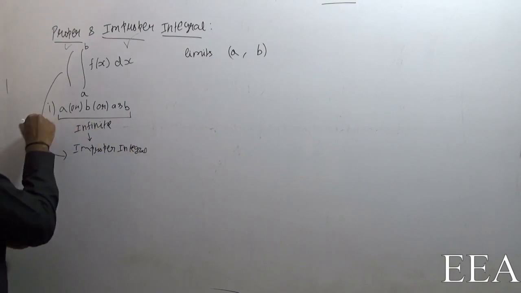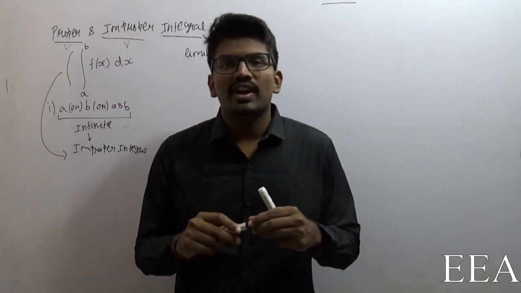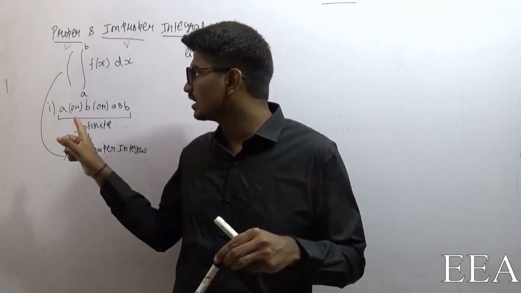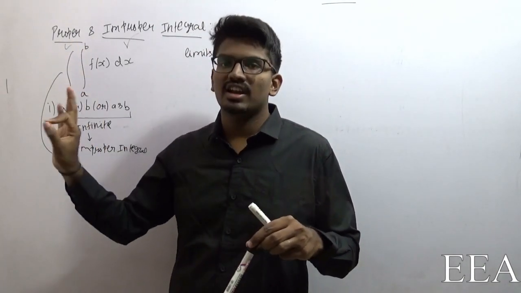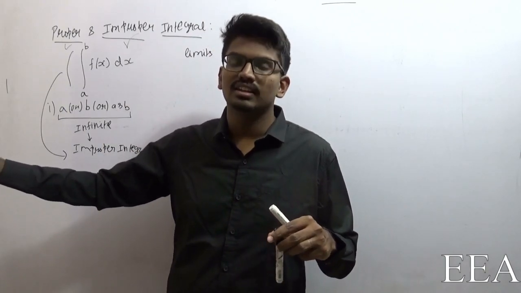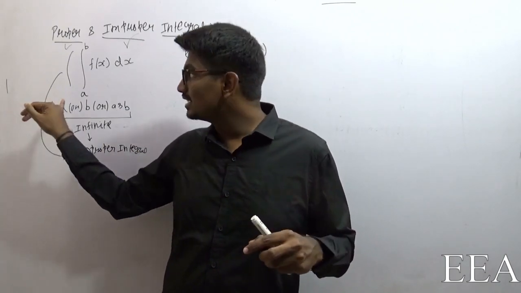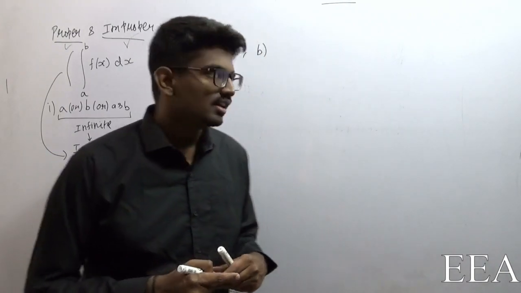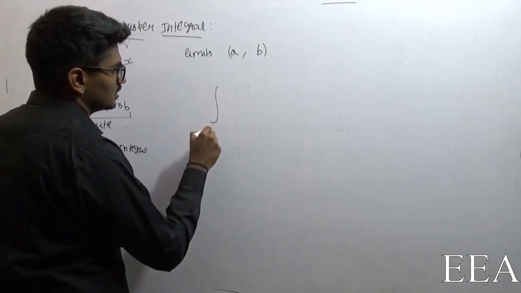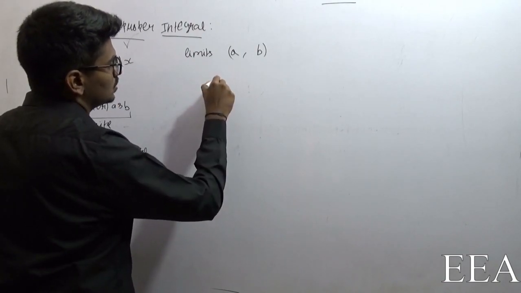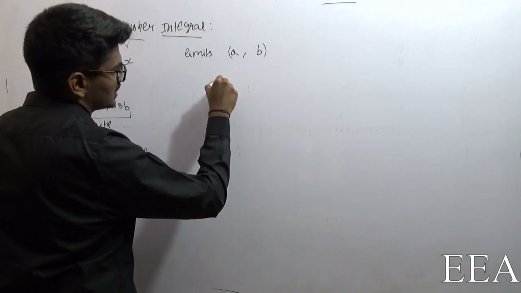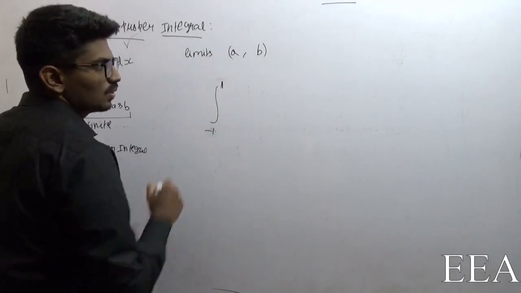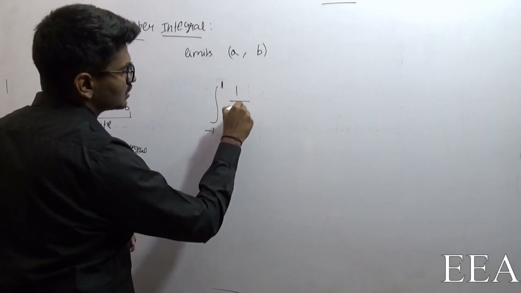So what you need to do, if they ask you to find whether the integral is a proper integral or an improper integral, is first check the limits. If the limits become infinite, then directly write it as an improper integral. If the limits are not infinite, that is, both a and b are not infinite, for example, let us take minus 1 to 1 of 1 by x square dx.